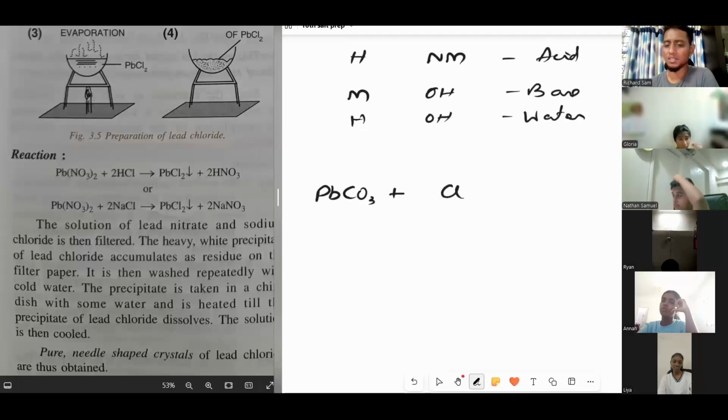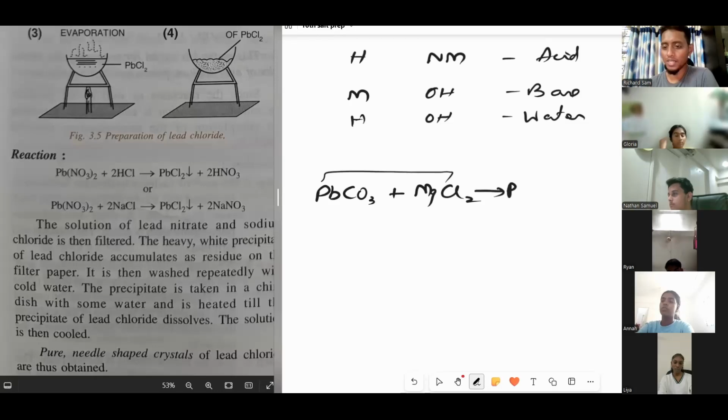Something with a Cl. You can either put hydrogen or any reactive metal. Which reactive metal can you take? Magnesium. Magnesium chloride, MgCl2. Okay. So the Pb will join with the Cl and get what we need. Our aim is to get this PbCl2.